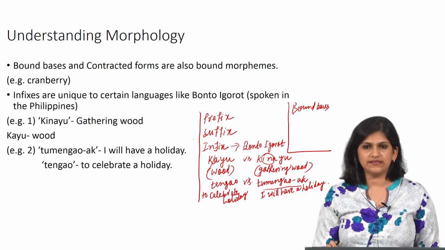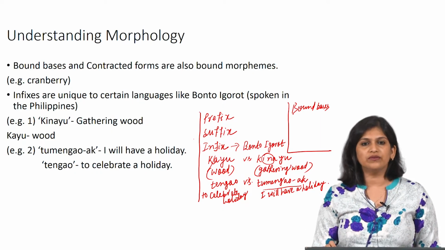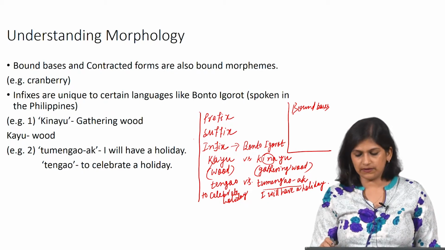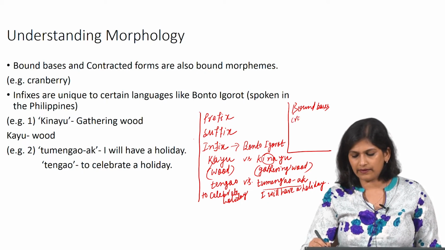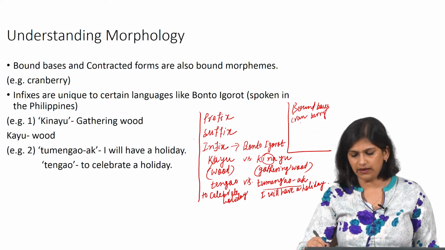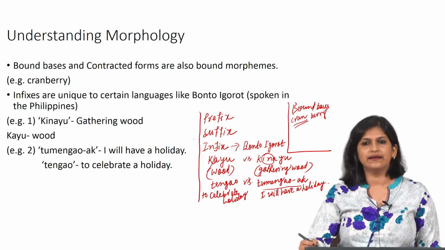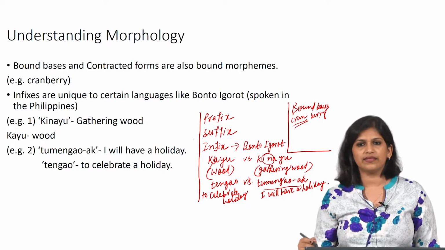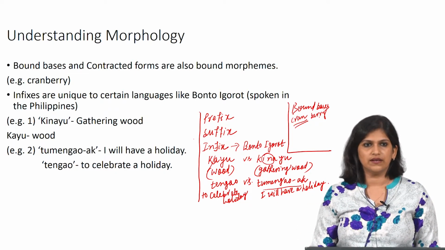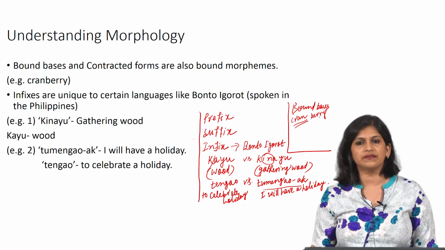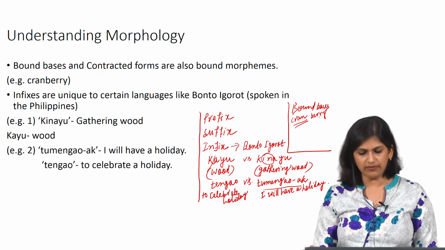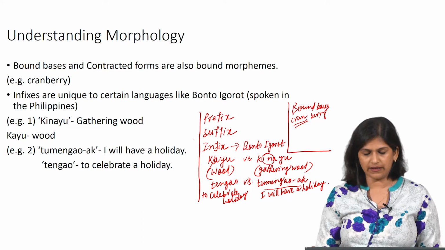One such example is cranberry. Why would we call it a bound base? When you say cran and berry, this is surely some kind of berry, but the word cran cannot stand with any other morpheme. It is bound to occur with berry. That is why there is a concept of bound base in morphology.